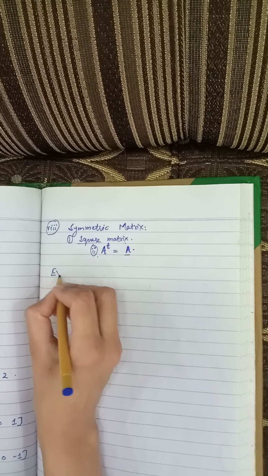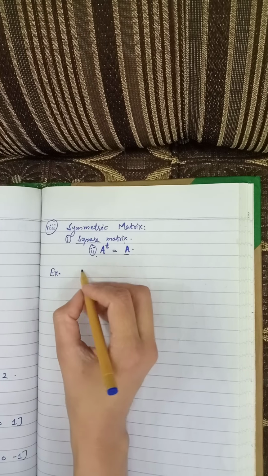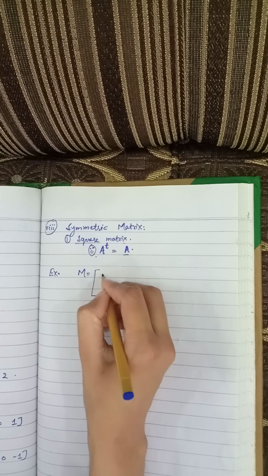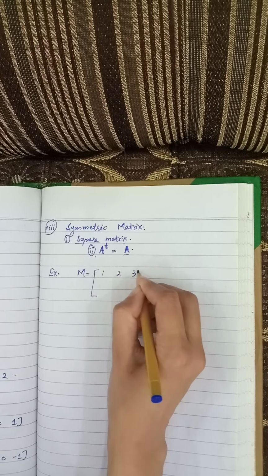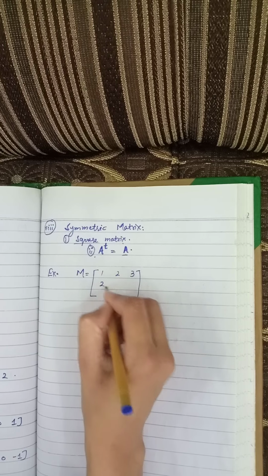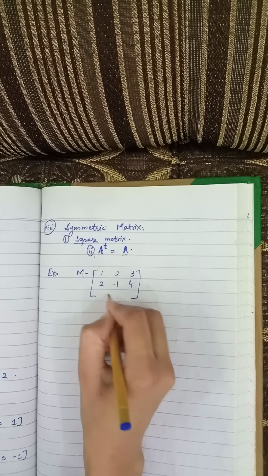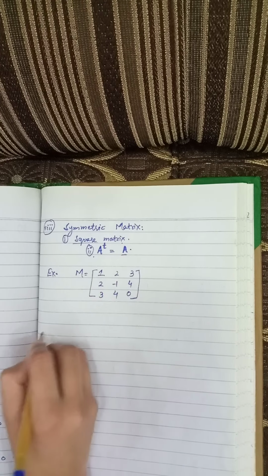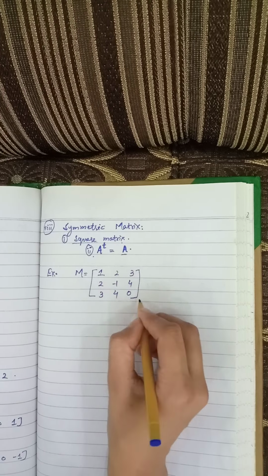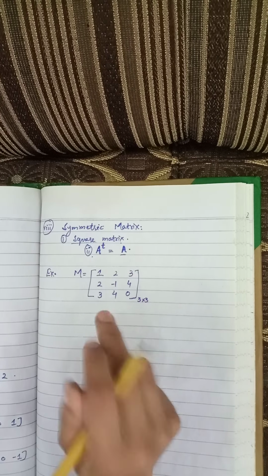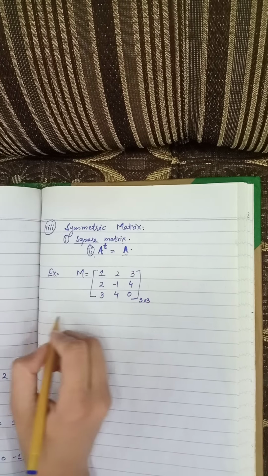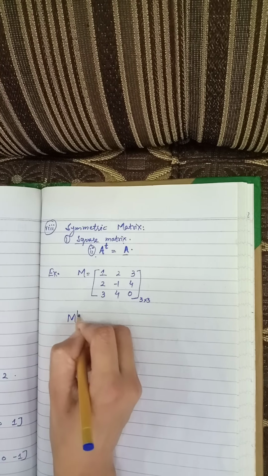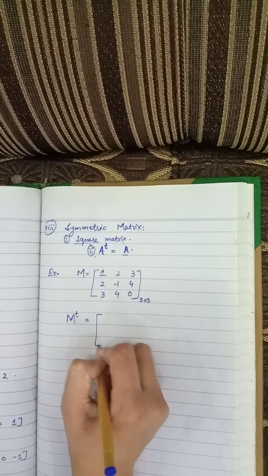Let's take an example. If M equals 1, 2, 3, 2, minus 1, 4, 3, 4, 0, then you can see that it's a 3 cross 3 matrix, so it's a square matrix. And the second condition is that the transpose must be equal to the original one.